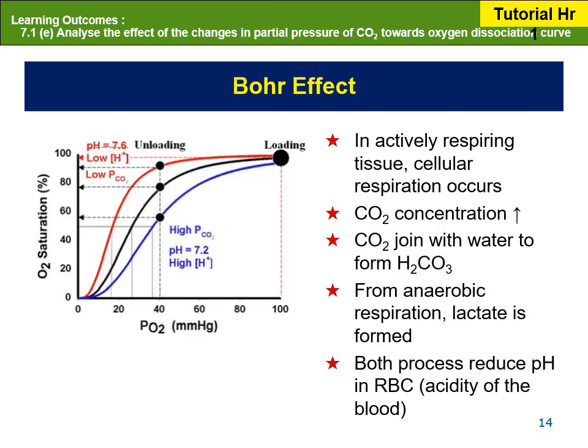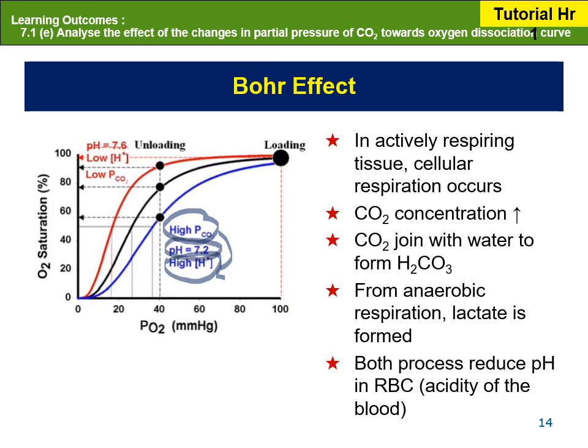So in actively respiring tissue, cellular respiration occurs. So the concentration of carbon dioxide will increase. Okay, bila concentration of carbon dioxide increase, itu menunjukkan dia punya partial pressure of carbon dioxide is high kan. Bila high, seterusnya menunjukkan the concentration of H+ turut akan meningkat. Bila H+ meningkat, pH akan berkurang lah.